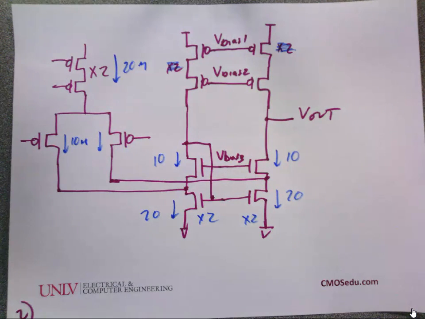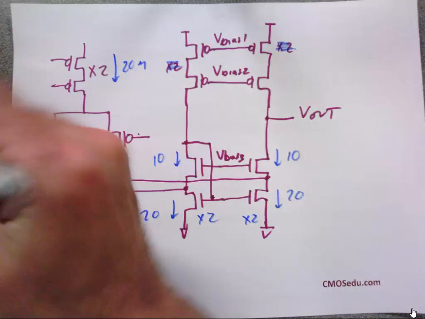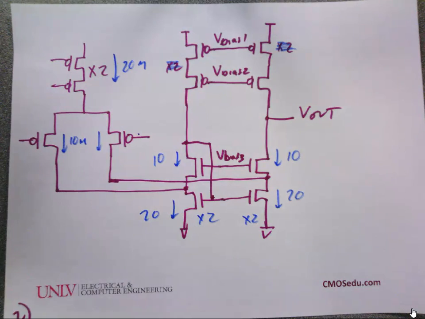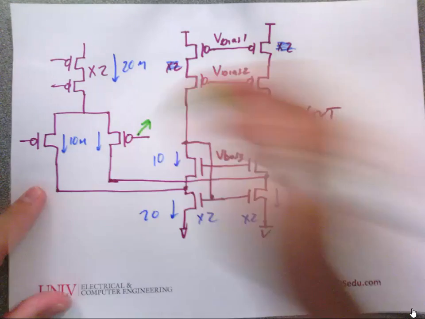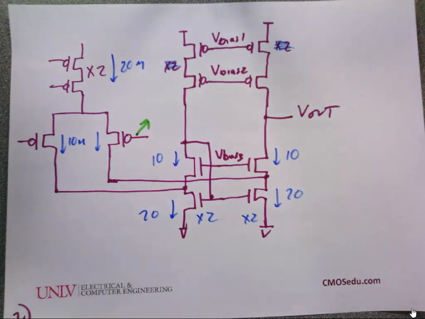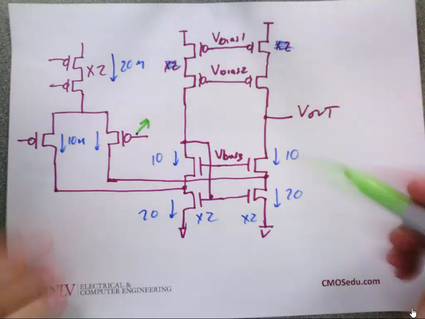Does everybody follow that? Okay, so let's see which one's the positive and which one's the negative input. So if this terminal, let's change colors, this terminal goes up, what does it do to this device? Off.